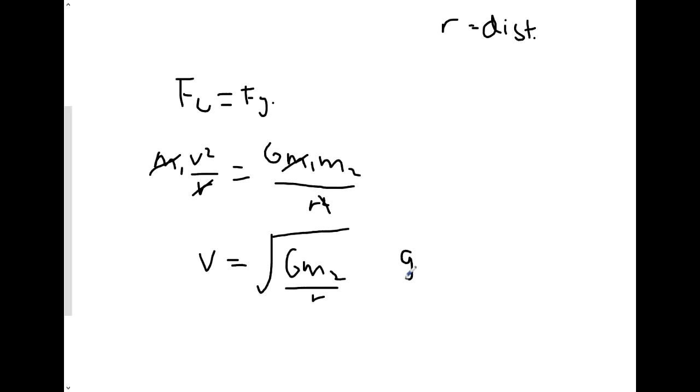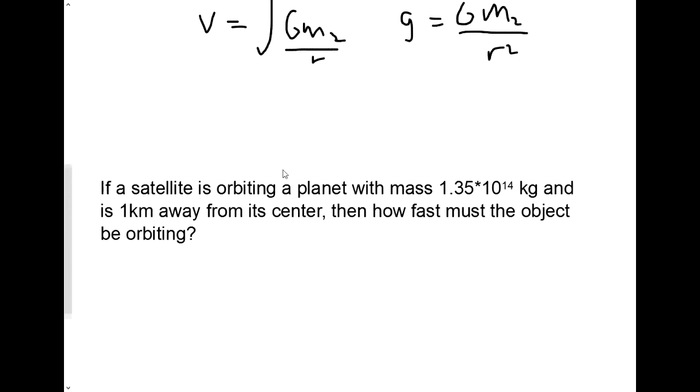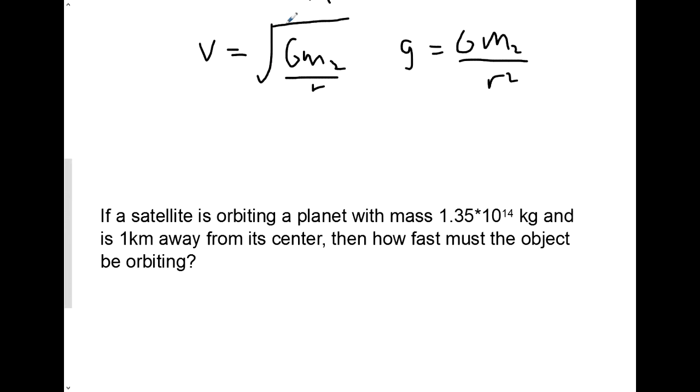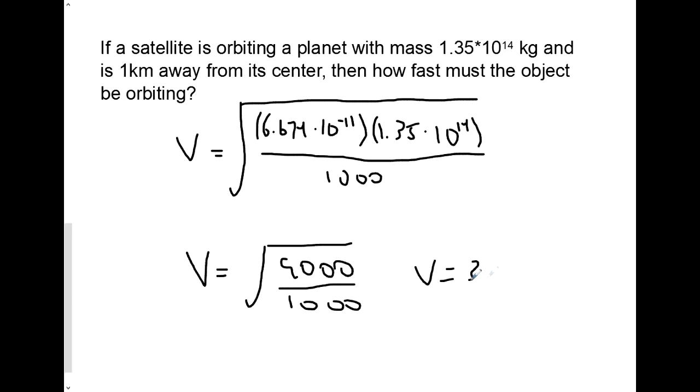G, the acceleration of gravity, equals gravitational constant times the mass of the planet all over r squared. We just plug in these numbers into this formula right here, and this gets us v equals 3 meters per second.